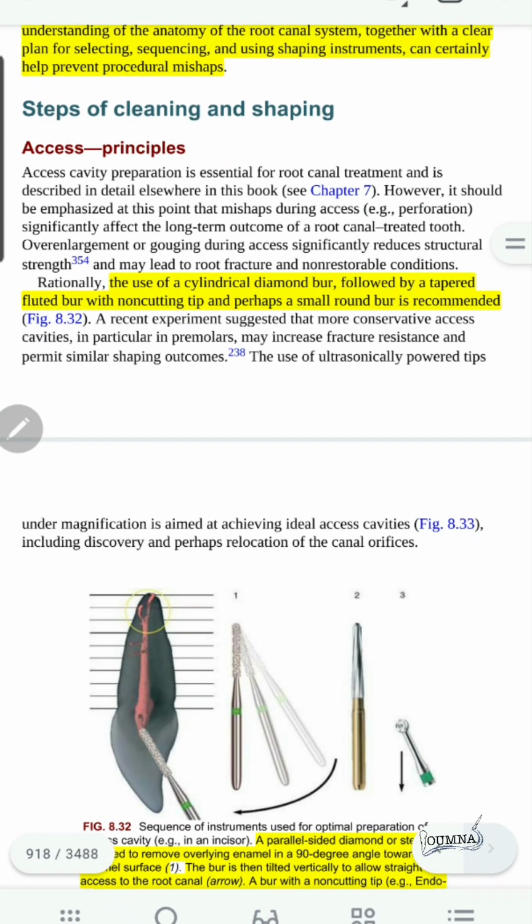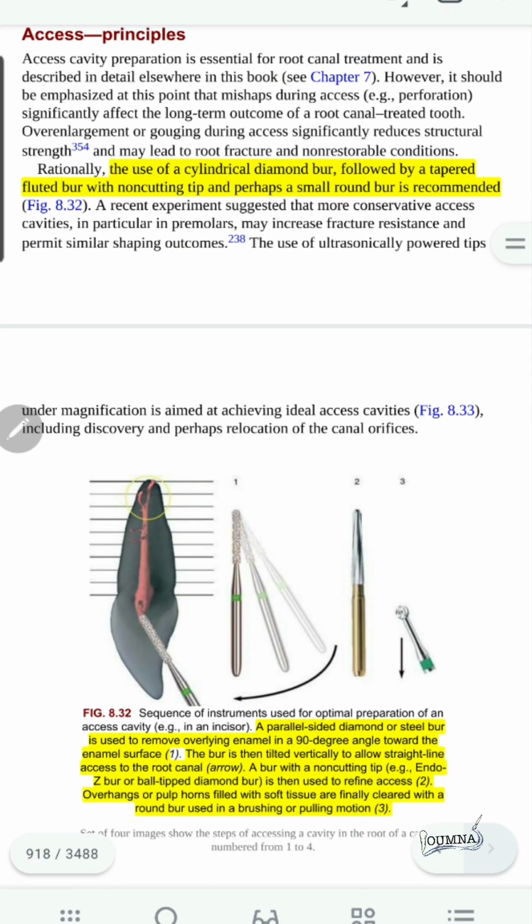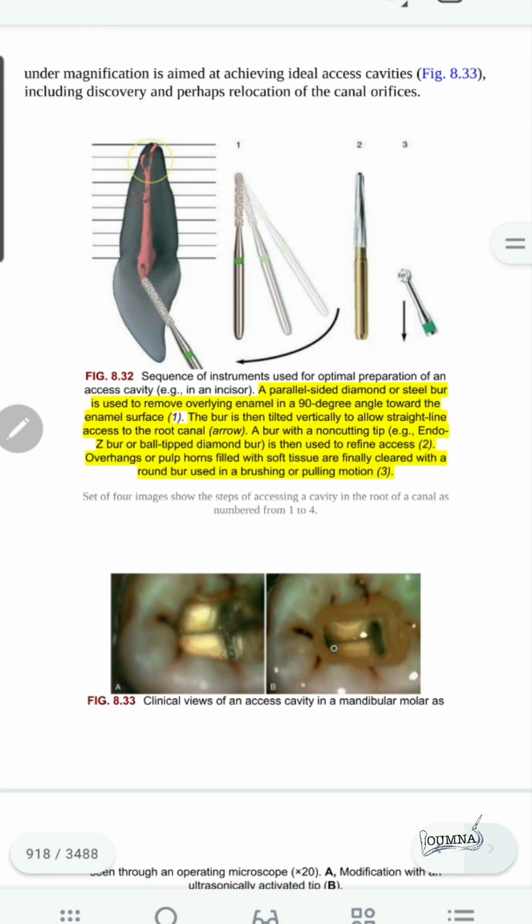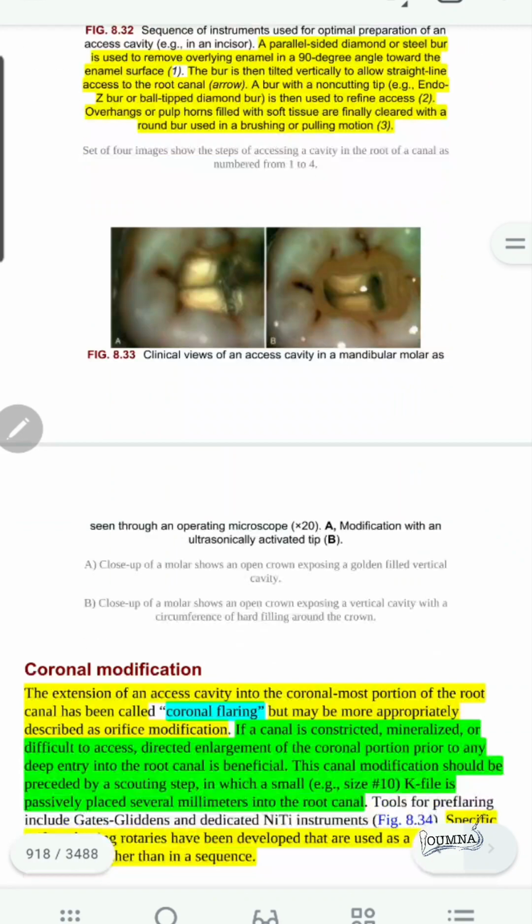Let's discuss the steps. We start with the access principles, which means that we will modify the access cavity to get a straight line access for the instruments, and this can be done with a cylindrical diamond bur, or an endodontic or a round bur, to get the straight line view or axis.